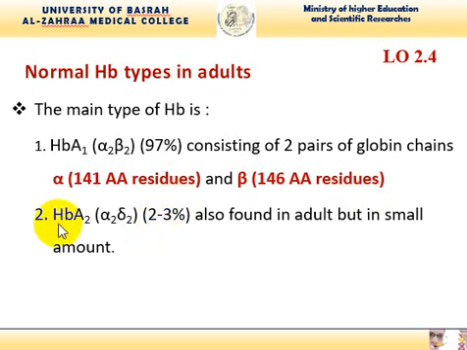The other type is hemoglobin A2, which represents about 2 to 3% of the total adult hemoglobin. It consists of two pairs of globin, alpha 2 and delta 2.